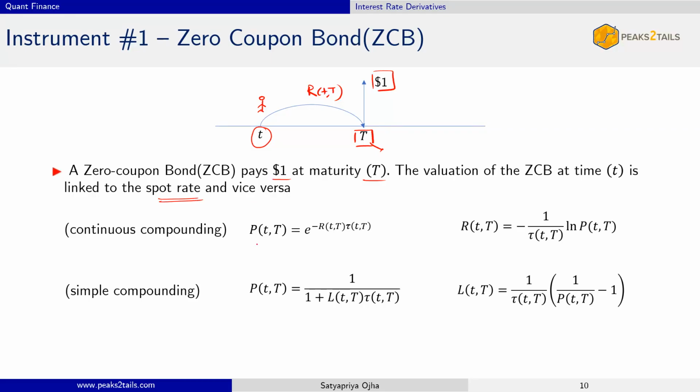So under continuous compounding, okay, how do you value the zero coupon bond? Simply find the PV, present value, okay? Something that is valued at $1 at time capital T, what is the value of that at time small t? The notation that I'm using is P(t, T). Small t is the valuation date.